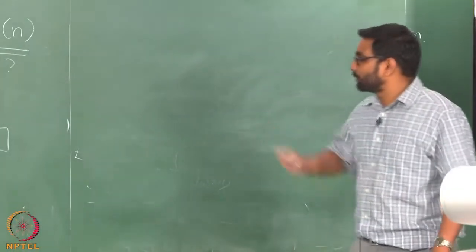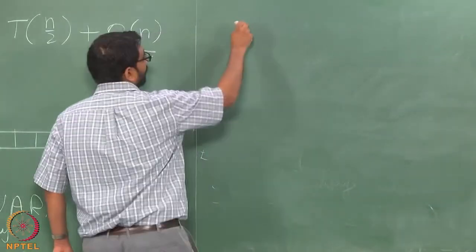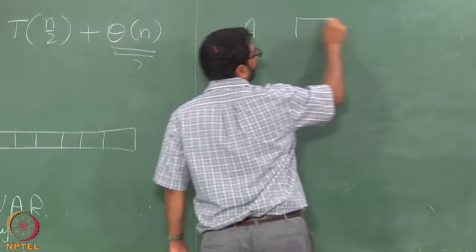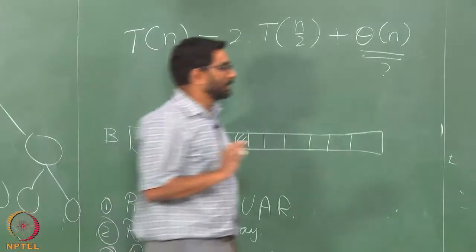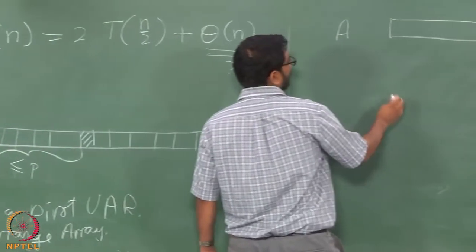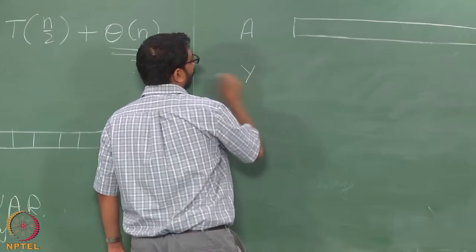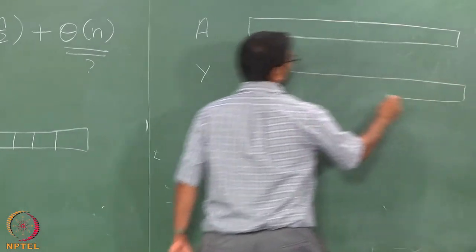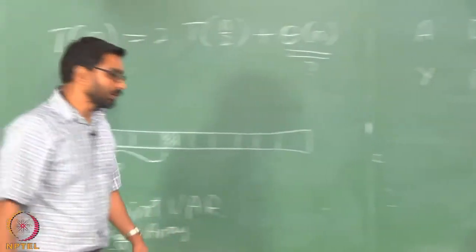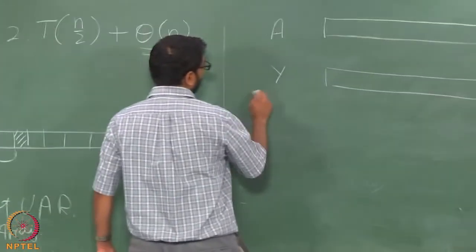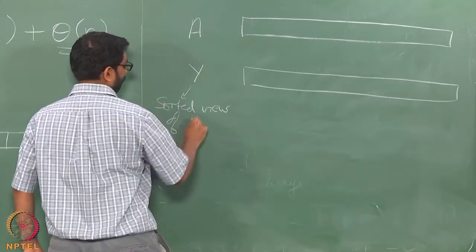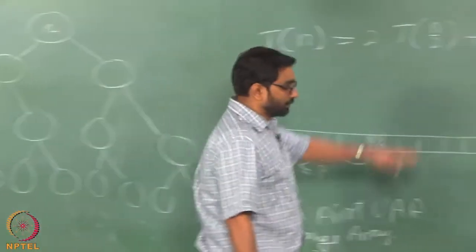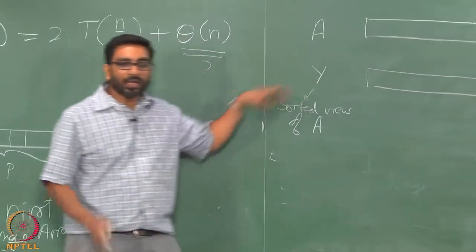Remember our input array is this array A. For the purpose of analysis, let's consider the array, let's call it Y. Y is nothing but the sorted view of A, basically array A that is already sorted. Obviously, if you know the array Y, you can just output that.